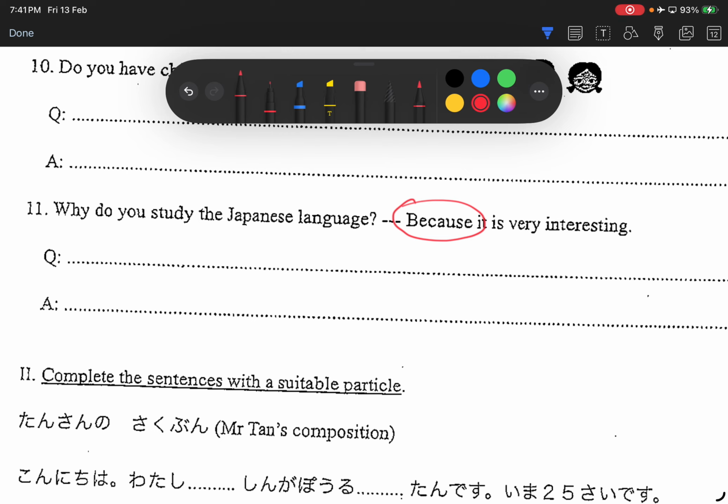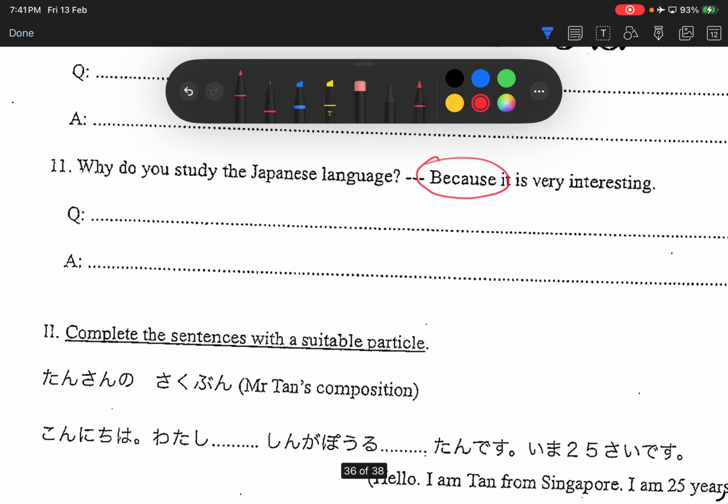In front of です, before the des. 面白いですから, sorry, からです。からis because. And we need to put in very also. とても。とても面白いからです。Because very interesting.